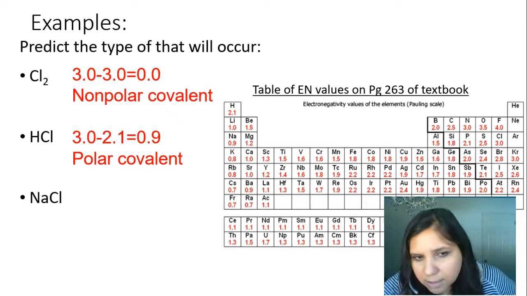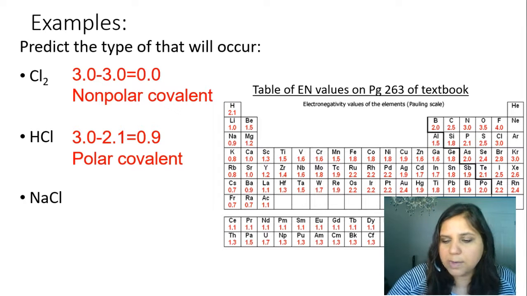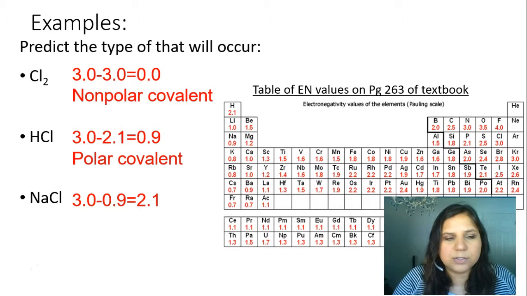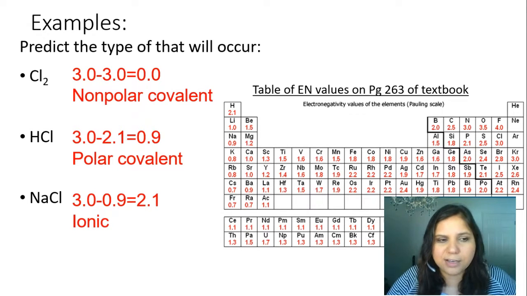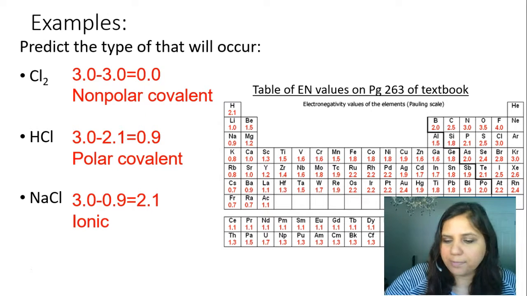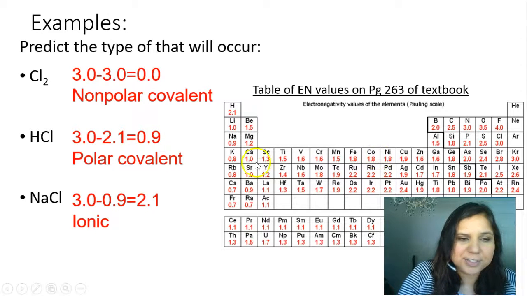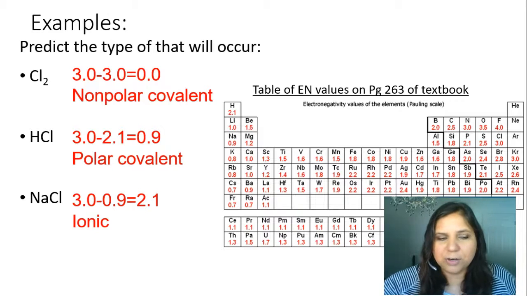Sodium is 0.9 and chlorine is 3.0. Take the bigger one minus the smaller one and get 2.1. And so anything greater than 1.7 is considered ionic, which we already know sodium chloride is ionic, but here's why. It's because sodium is a whole lot less electronegative than chlorine is, so it just completely gives its electron away to chlorine.